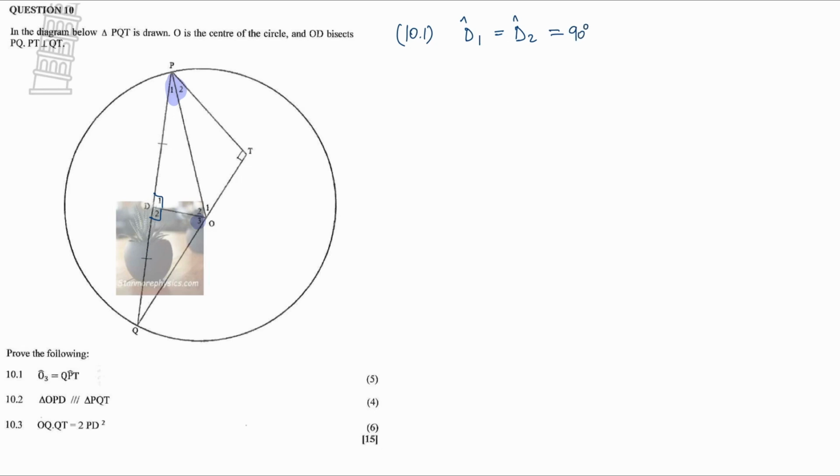And that's because the line through the center to the midpoint of a chord will bisect the chord, which we can see PD is equal to DQ. It bisects the chord and it is perpendicular, okay?